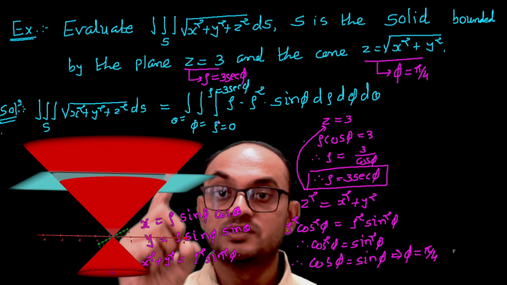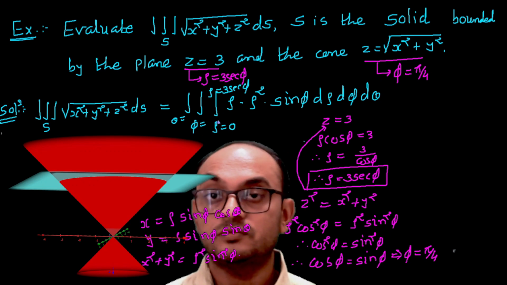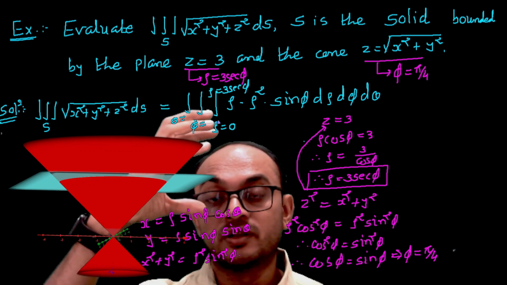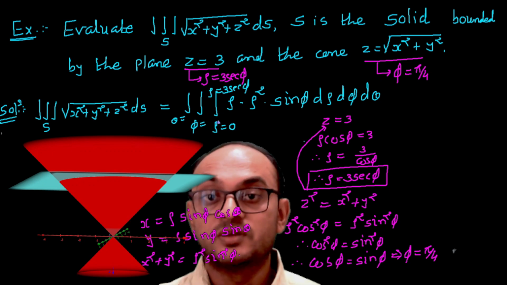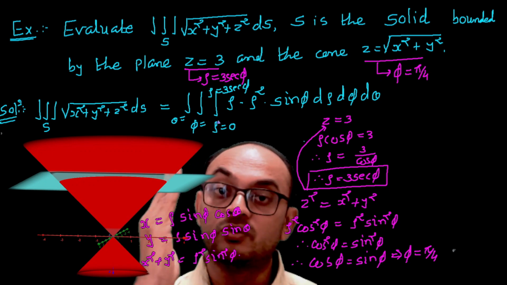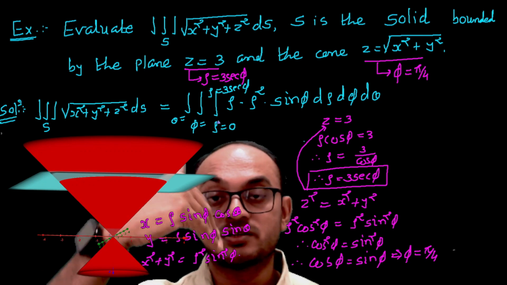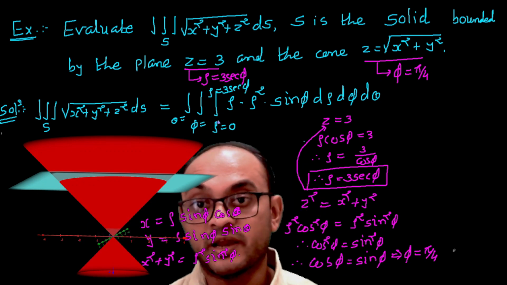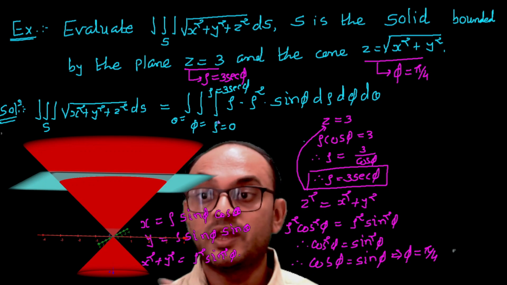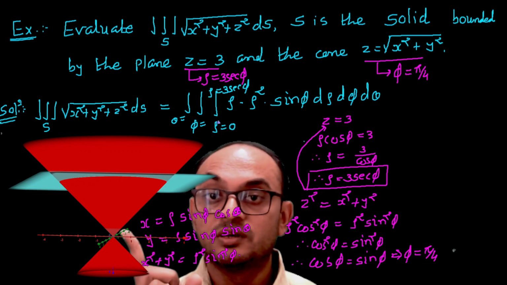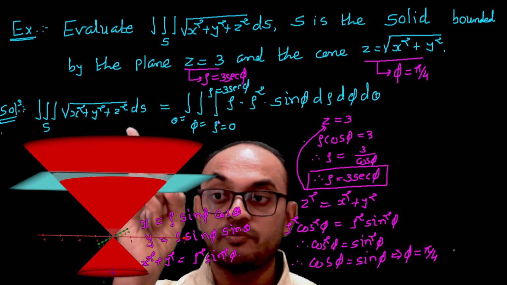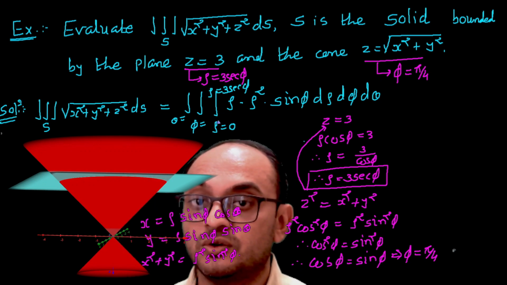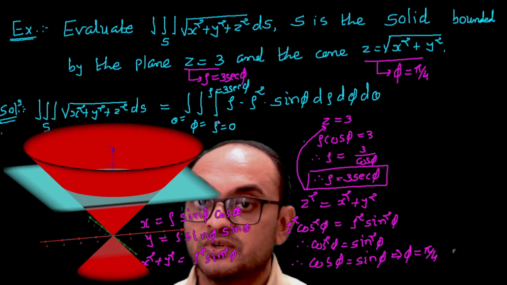Now the question is, what is the angle phi? As I told you, what was phi when I had given the actual sphere? Phi was starting from 0 and we rotate it half rotation, right? But here we are informed that my rotation starts from 0, that means the positive z axis, right? When phi is equal to 0, it is the positive z axis.